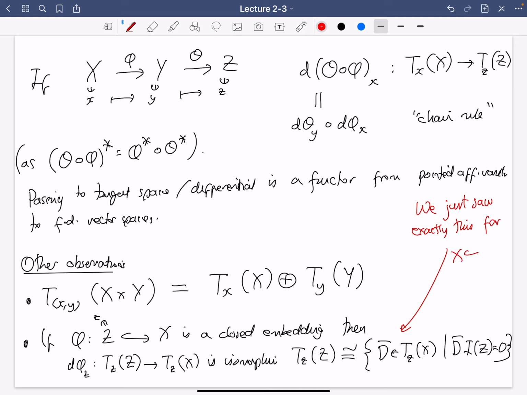We were looking at the closed embedding of x into affine n-space, and I wrote that set down in that special case, and in general it's exactly the same argument. So the tangent space of a closed subset of x is canonically identified with this subspace of the tangent space of x by the differential of the closed embedding. It's exactly the subspace consisting of all the elements of the tangent space of x which send the ideal of the subset z to 0.